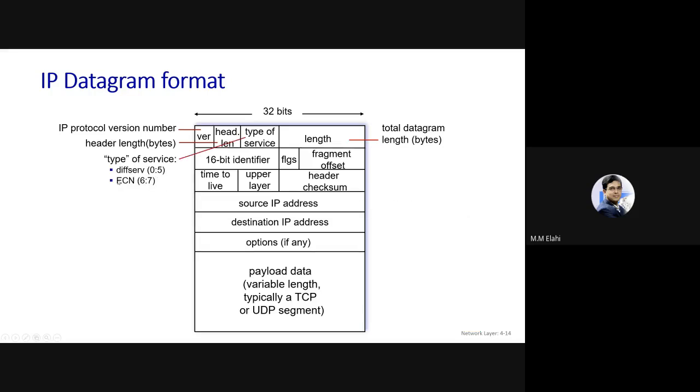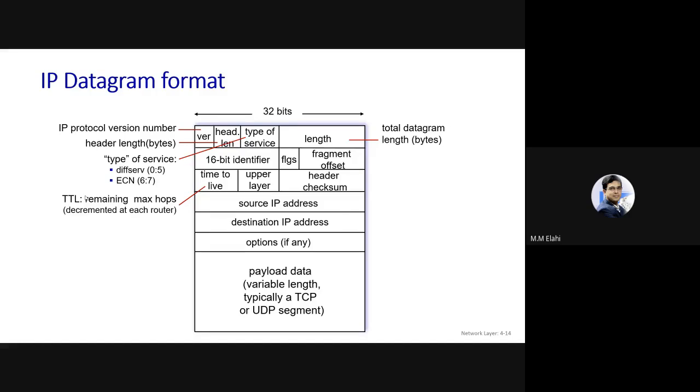As we say, there are different types of service. We are not worried about that. Don't worry about DiffServ and ECN. But we need to understand time to live, TTL. TTL is the remaining maximum hops. It indicates how many hops remain before the packet will be discarded.